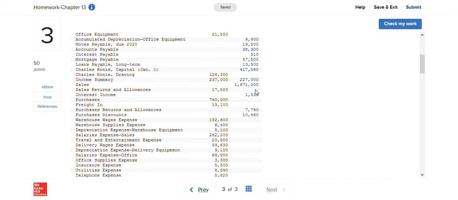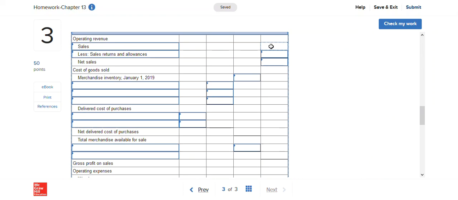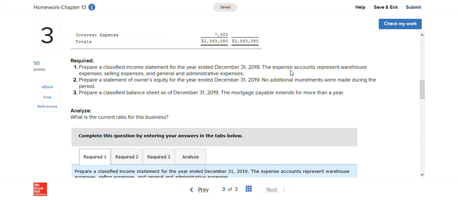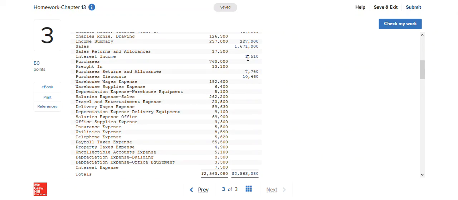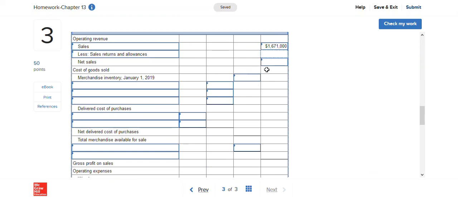So sales are 1,671,000. We're going to take out returns and allowances, $17,500. So our net sales is just the difference between those two things, which is $1,653,500.